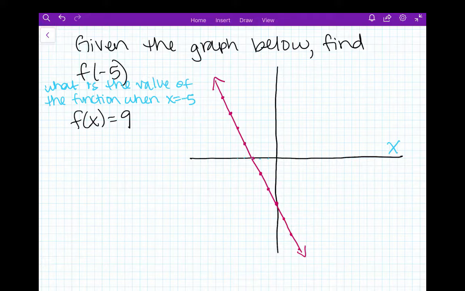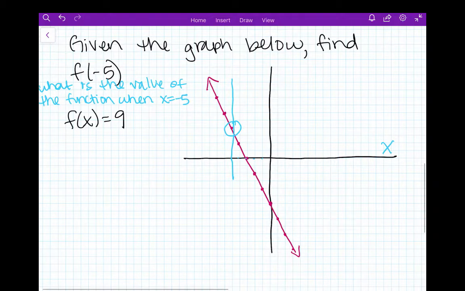And I'm going to find where the function hits at negative 5. So if I draw a line, it hits right here. So this purple line represents the function. So the value of the function at x equals negative 5 is 4.